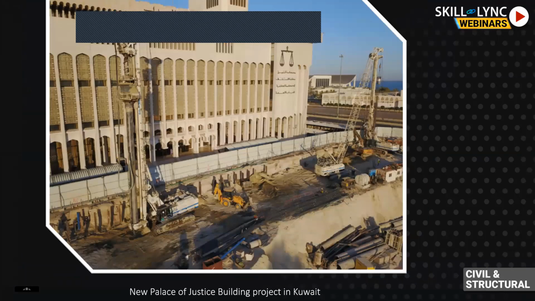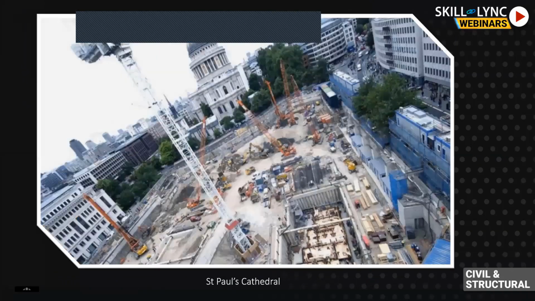Similarly, you can see that the excavation is just beside the building, and engineering the temporary structure is a very competitive task. It is very risky if you don't plan your excavation. If you don't do a correct design, soil modeling, everything is very important. St. Paul's Cathedral, again you can see a secant pile arrangement.